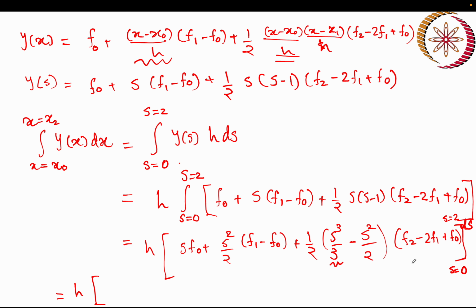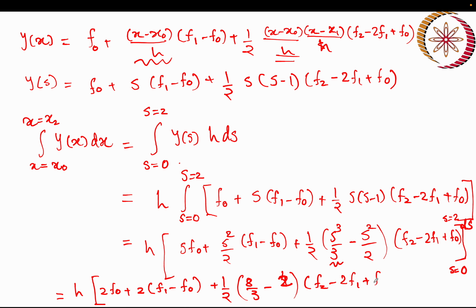and you can see that in all the expressions if we put s equal to 0, the terms vanish, so we just have to substitute s equal to 2. So 2 f0 plus this will be 4 by 2, which will be 2 (f1 minus f0) plus half, it will be 8 by 3 minus 4 by 2, which is 2, (f2 minus 2 f1 plus f0).